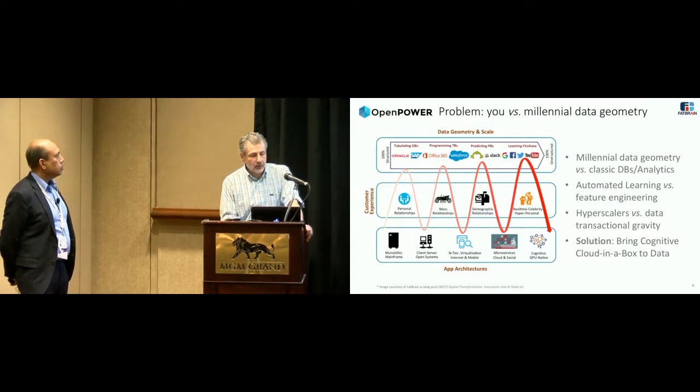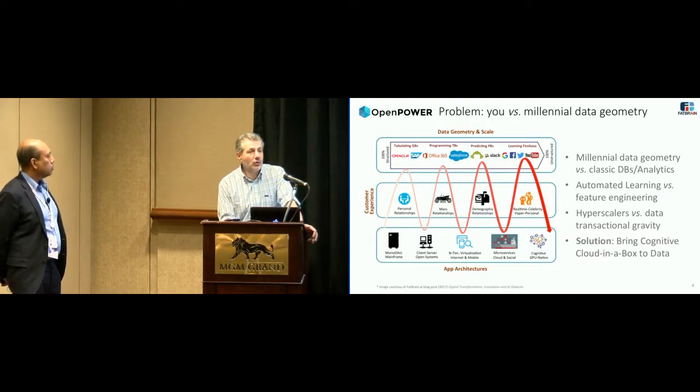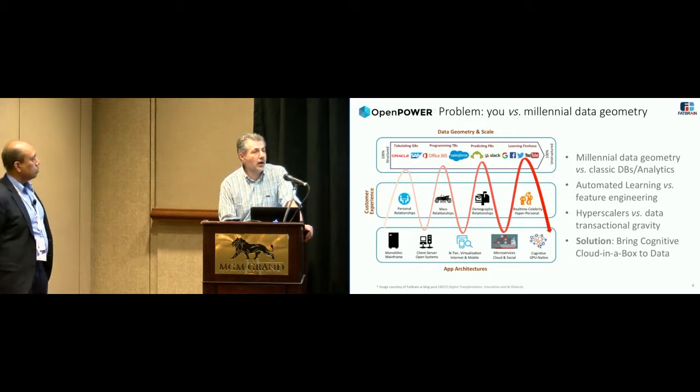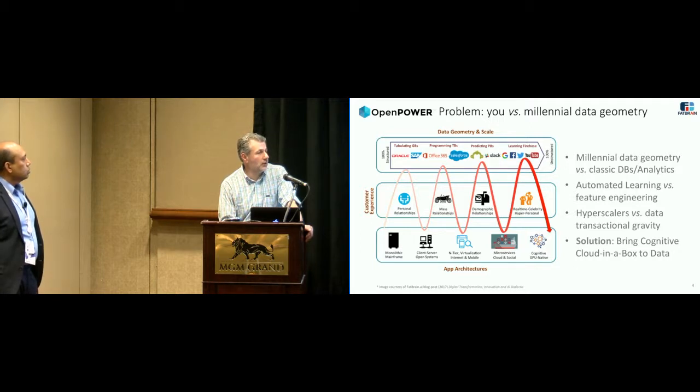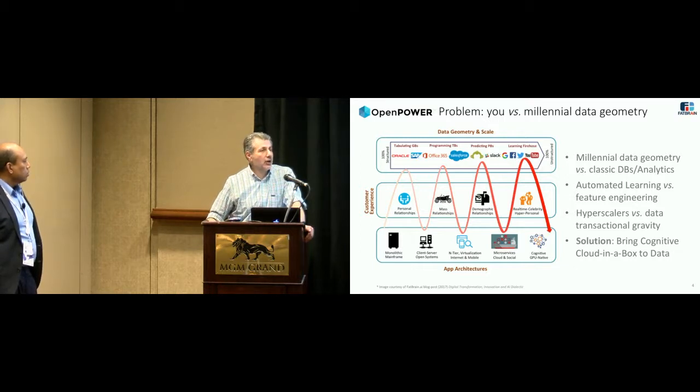By way of background, the problem that we're solving is very exciting for us, and it's what we call the millennial data geometry problem. The millennial data geometry problem is really one that takes us into the world of unstructured data, from the world that we knew much earlier on, which is very difficult to manage in this three-layer cake, if you think about it.